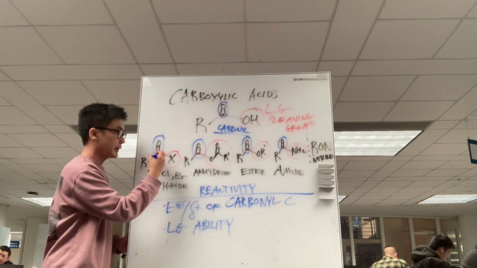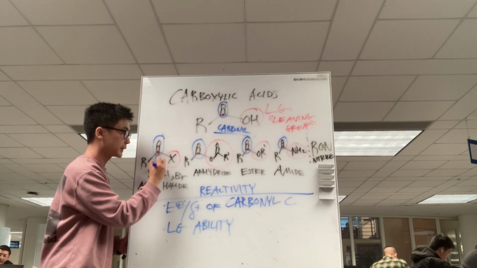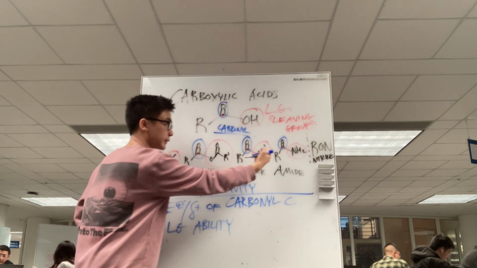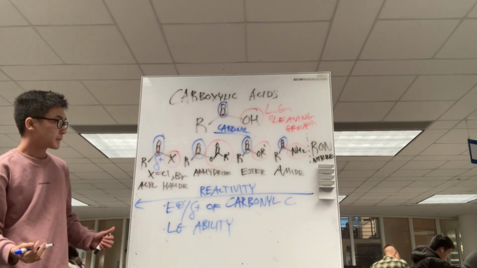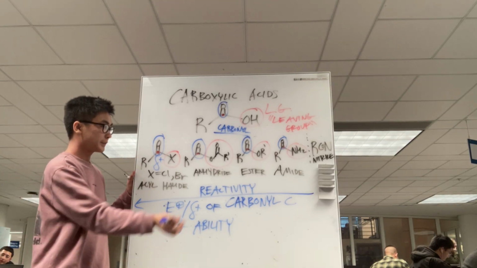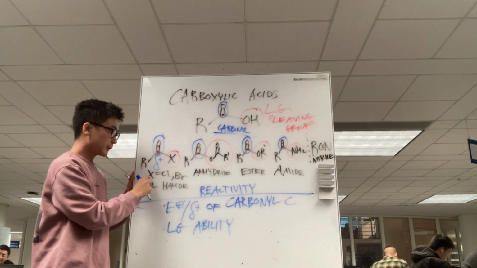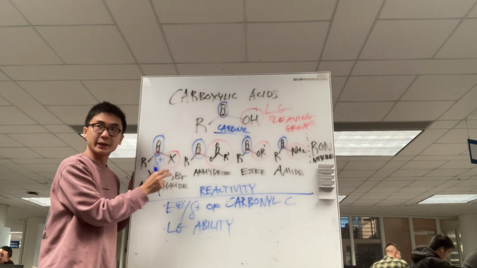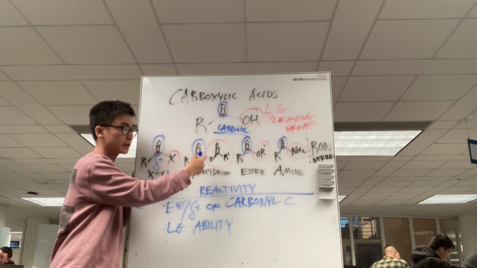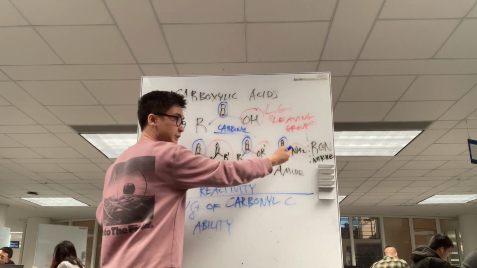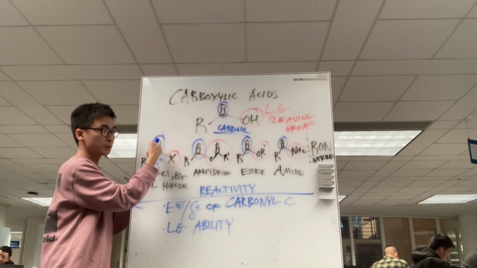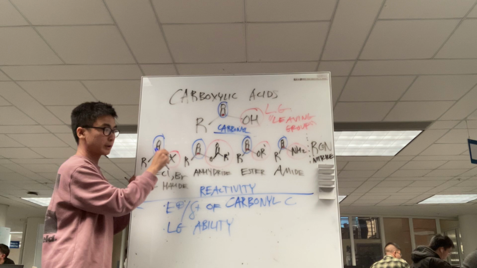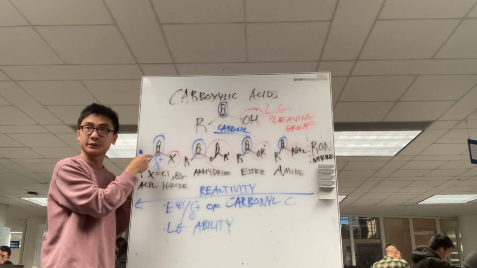This acyl halide right here will have the biggest partial positive charge compared to all these other carbonyl carbons. The reason is that this X, which represents a halogen like chlorine or bromine, is the most electronegative atom. It's more electronegative than oxygen and nitrogen, so it's going to withdraw electrons towards itself, making this carbon positively charged.